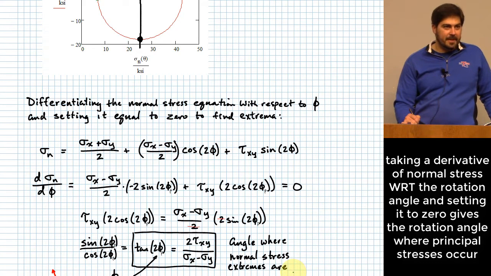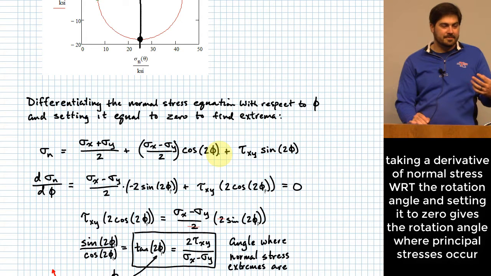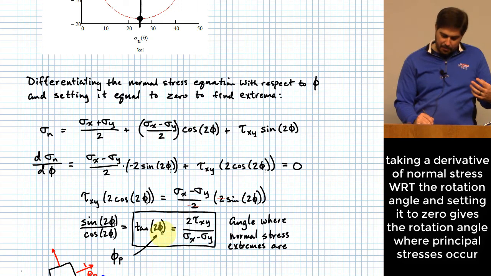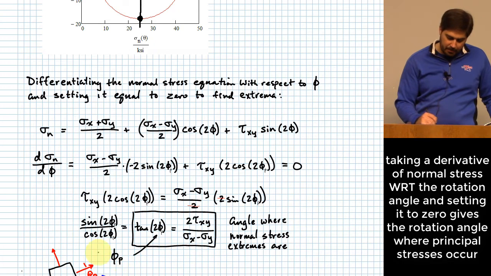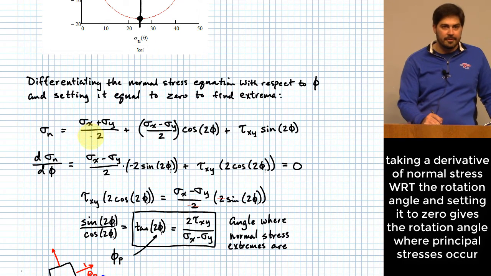All right? I can then take that angle and plug it back into the original function, and what does that give me? It'll give me a particular phi once I set this up. What if I take that phi sub p that I'm calling it there and plug it back into my normal stress equation?